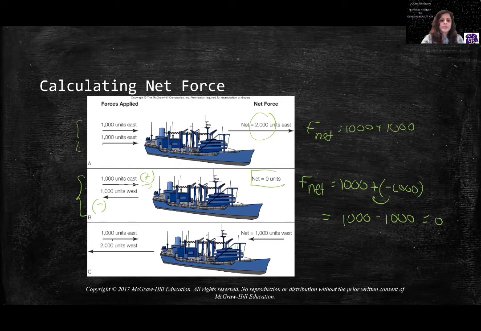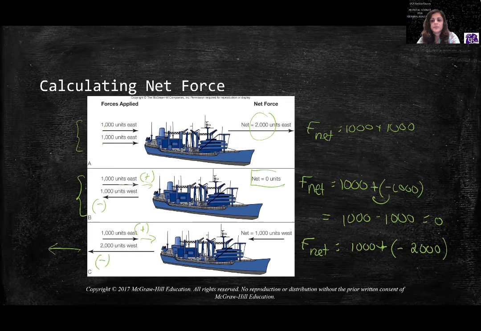If we have a tugboat that's pushing in this direction with 1,000 units, and then another one pulling it over in the opposite direction with 2,000 units, then like I say, if this is positive, the opposite direction becomes negative. So in this case, the net force would be 1,000 plus, because it's the sum, but then we have to put the vector quantity for that, which is negative 2,000 because it's in the opposite direction.